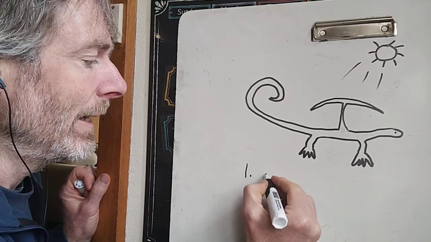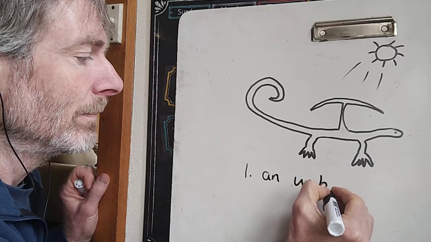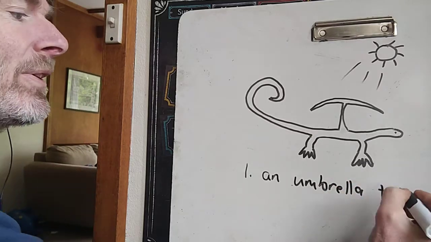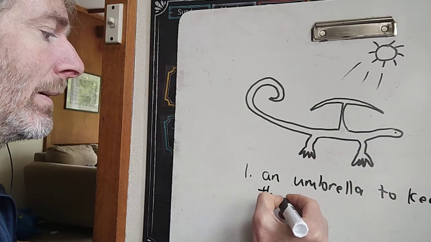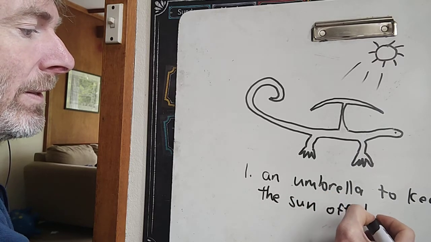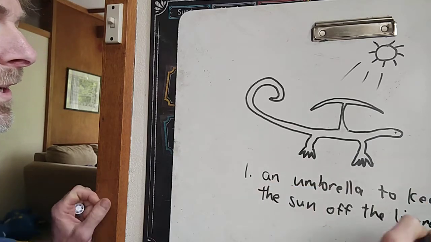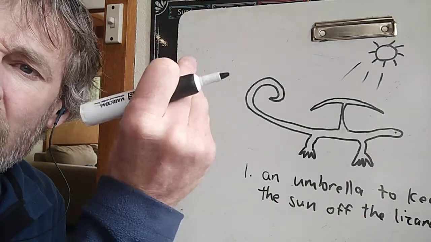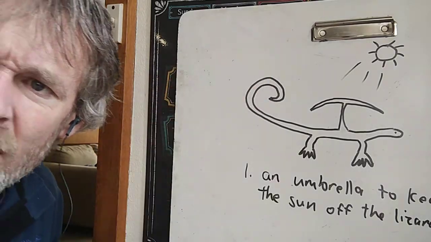Adaptation number one is an umbrella to keep the sun off the lizard. I think it's also important that the umbrella can close too. So when it's not too sunny, the lizard can just close the umbrella and get a little bit of sun.